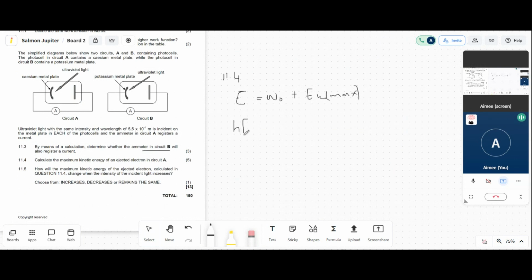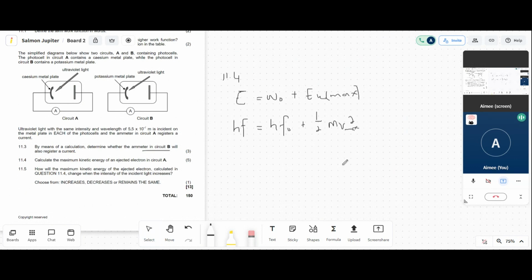hf, remember h is a constant, f is frequency, is equal to our constant h multiplied by our threshold frequency plus half mv max squared.